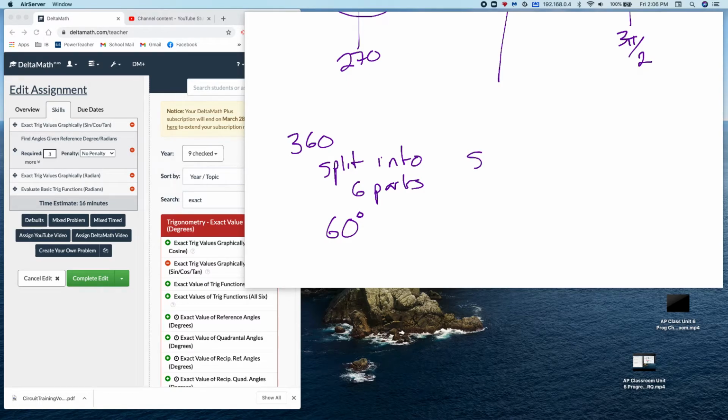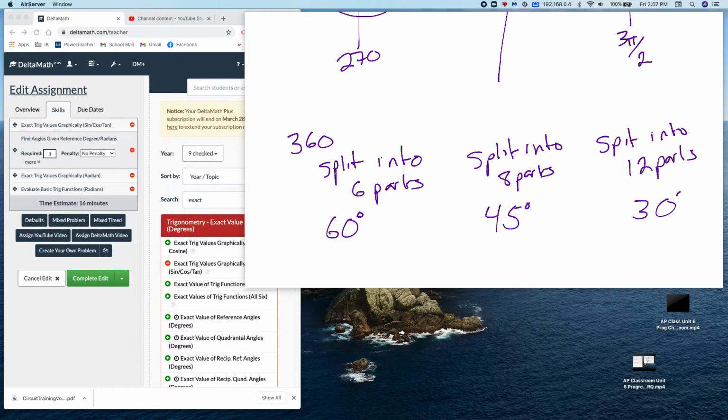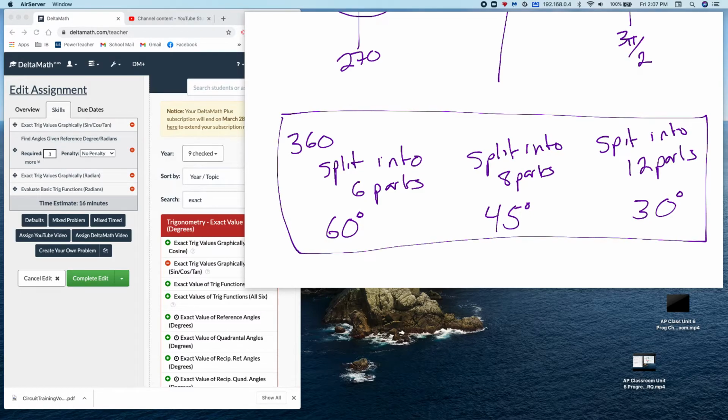If you split it into 8 parts, each one would be 45 degrees. If you split it into 12 parts, each one would be 30 degrees. So think about splitting 360 degrees into those parts, and you get those values. And just do it. 360 divided by 6 is 60. 360 divided by 8 is 45. 360 divided by 12 is 30.